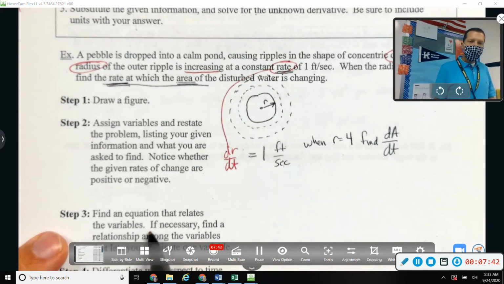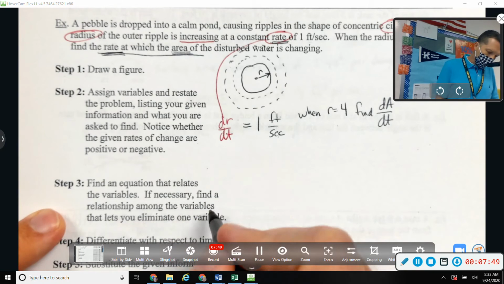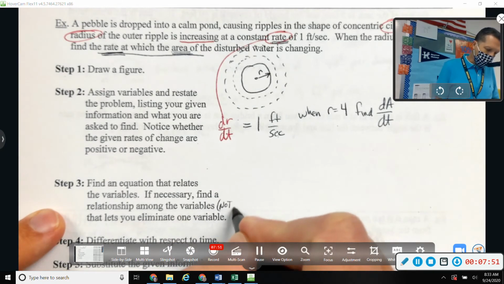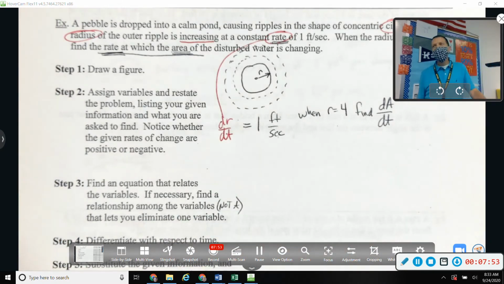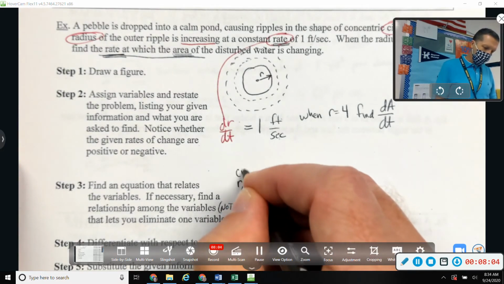Step 3, find an equation that relates the variables, but never including t. You don't have to worry about t, because when you take a derivative, that's where t is going to show up. So find an equation that relates the other variables. So r and A for a circle.